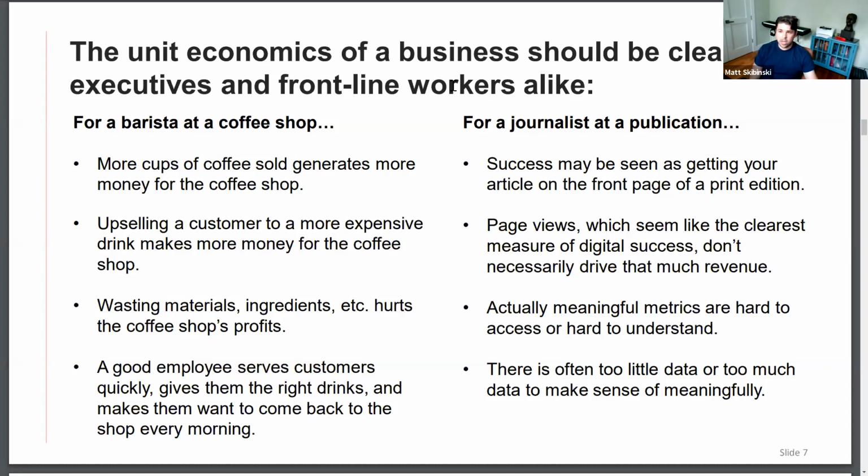And think about maybe what content I might produce if I saw that as success versus something else. And of course, the actual meaningful metrics that I'll talk about in a minute are often hard to access or hard to understand. And so, even when data is available, there's often a lack of people being able to really use it practically.